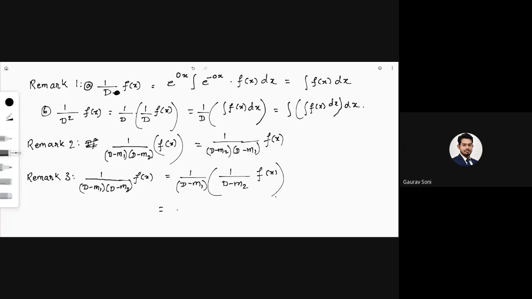So we will apply the same formula twice. 1 upon D minus m1 in bracket, with the formula 1 upon D minus m2 f of x, e to the power m2x integral e to the power minus m2x f of x dx.